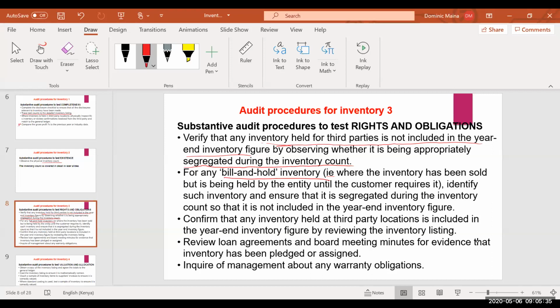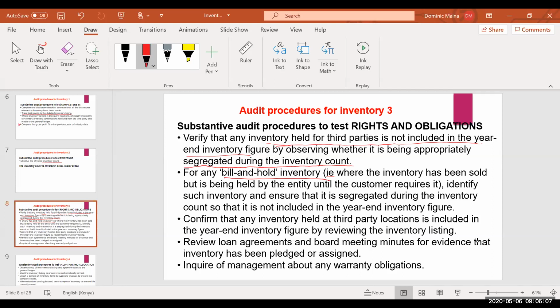Where the company has actually made the sale, however the customer is yet to pick them up, that is the bill and hold inventory. They should not be included in the company's closing balances. The company has already recognized the revenue, however they ought not to include it in their closing inventory balances.